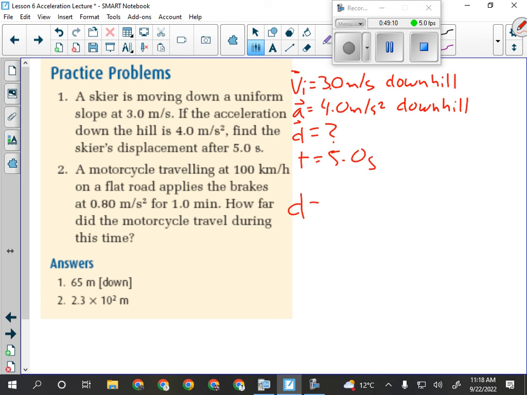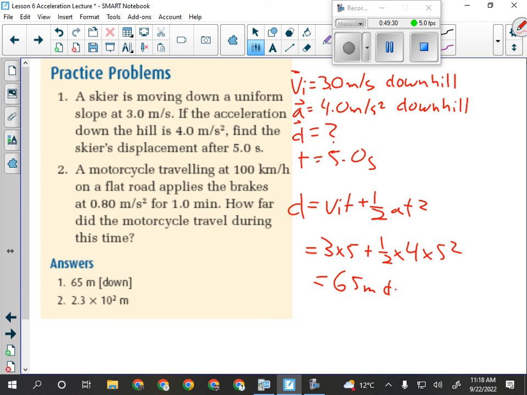I don't have to manipulate, I just have to plug in VI times T plus 1/2 AT squared, because those are the things that I have. So we'll have 3 times 5 plus 1/2 times 4 times 5 squared. Okay, and that should give us our 65 meters downhill, not down.